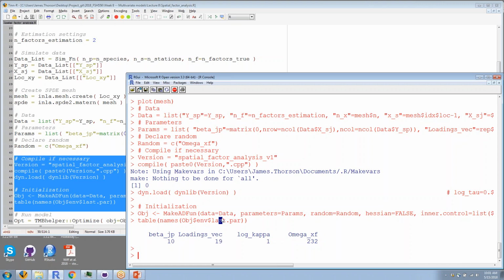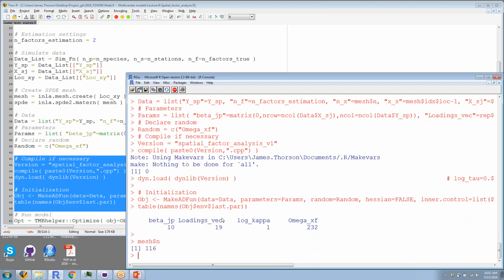Log kappa is the decorrelation rate for all the factors. I'm just assuming that it's the same for all factors to simplify the interpretation. And then I've got two factors. Let's see, mesh. I've got 116 vertices in that SPDE approximation, and two factors, so 2 times 116 is 232.